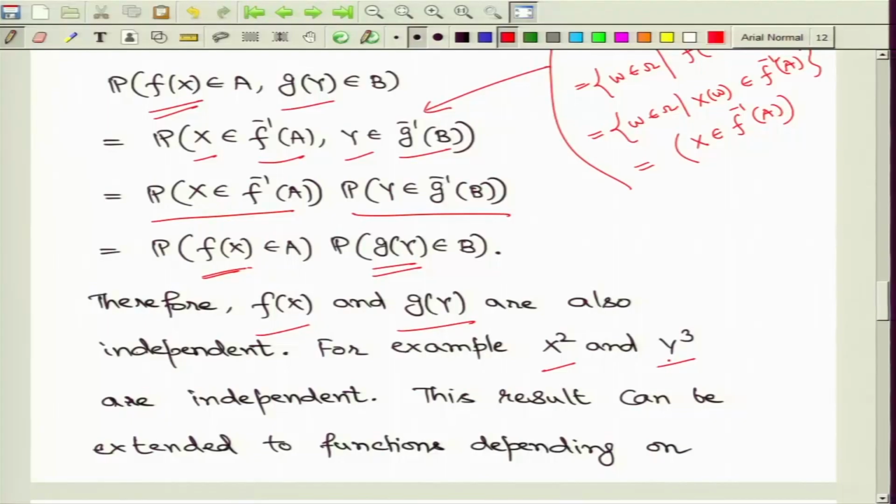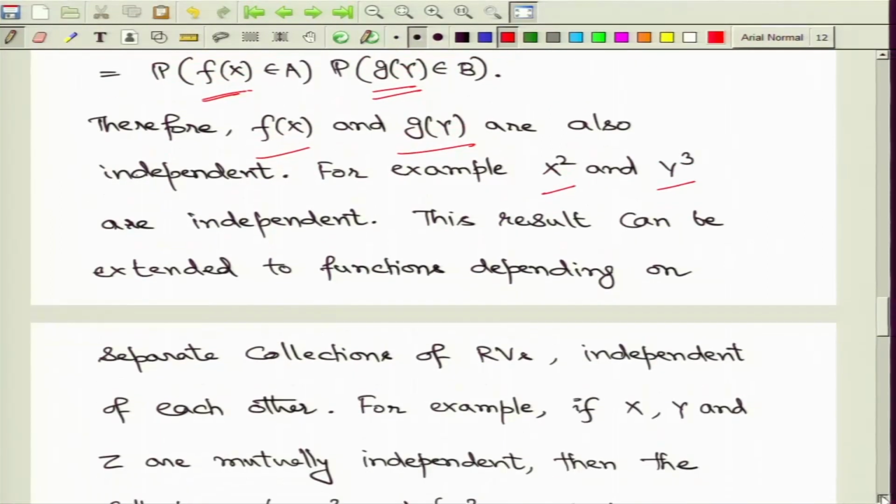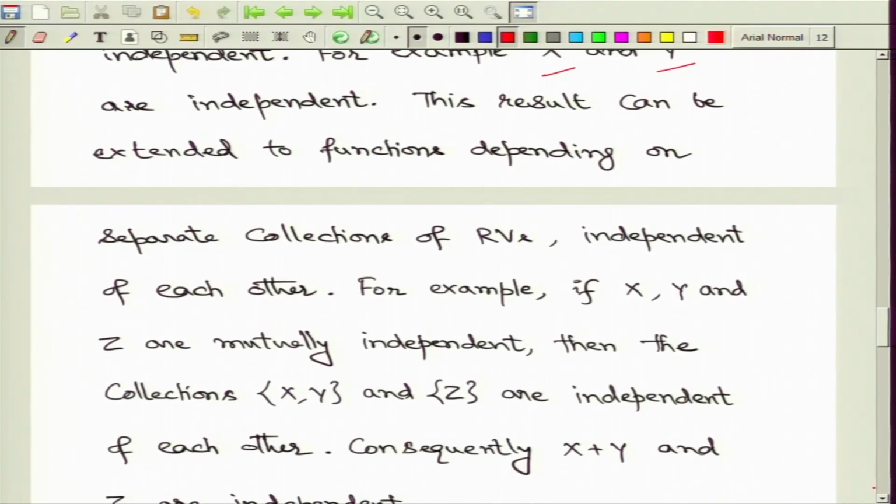More generally, we can extend these arguments to classes of random variables. First, to clarify this structure, what we are looking at are two separate collections of random variables which are given to be independent of each other. Once we have that, we can construct functions which are based on separate such collections.